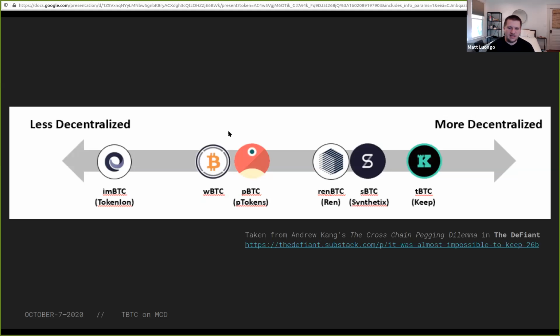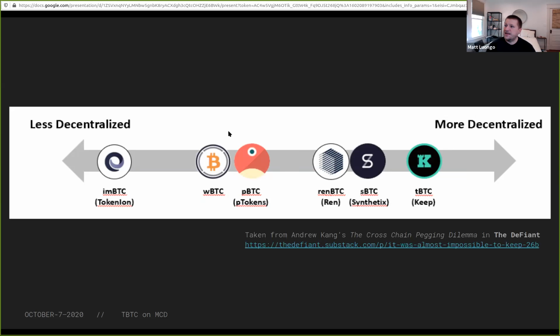This is an image that was taken from Andrew Kang's cross-chain pegging dilemma. And the basic idea is that we have these approaches that use single custodians on the far left, like MBTC and WBTC. We have folks in the middle, like pBTC and RenBTC, that have come up with some sort of half decentralized approach.